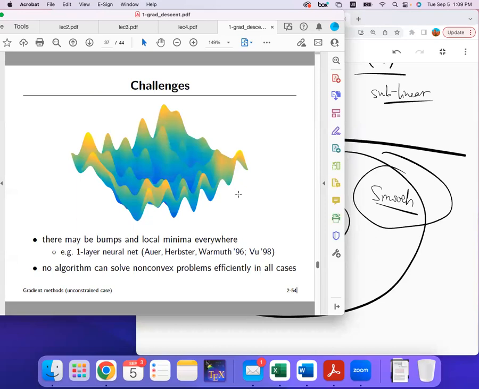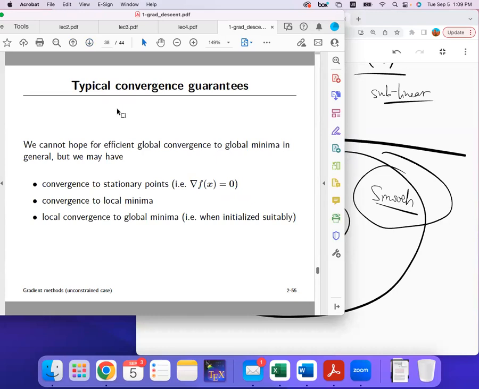So this is a very weak convergence metric. But this is the only thing we can do in this case, because this is a very complicated problem. In reality, we may end up converging to a local minimum. So here we set our convergence criterion to be stationary points.